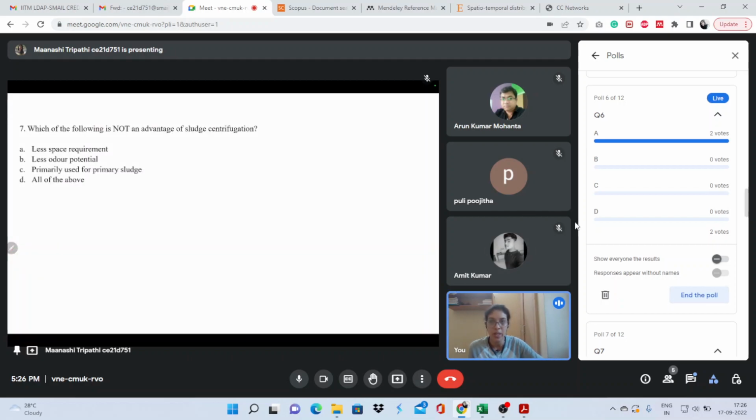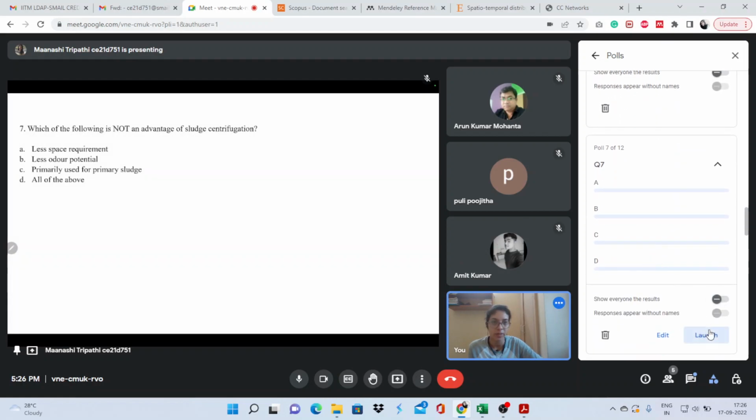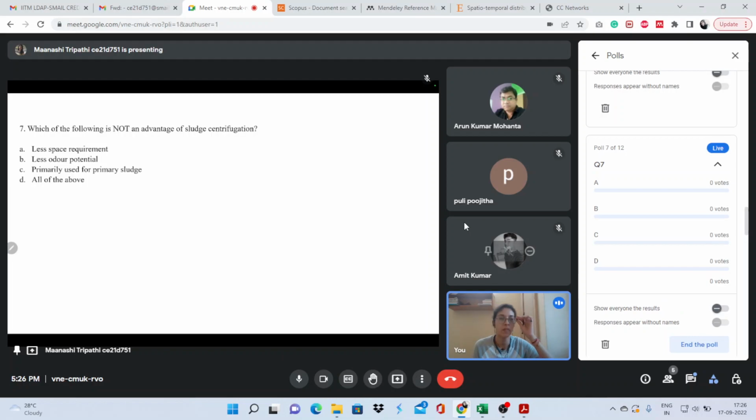Which of the following is not an advantage of sludge centrifugation? This is question number 7 and I have launched the poll for question number 7. Less space requirement, less odor potential, primarily used for primary sludge. Which of the following is not an advantage? Why do we centrifuge sludge?